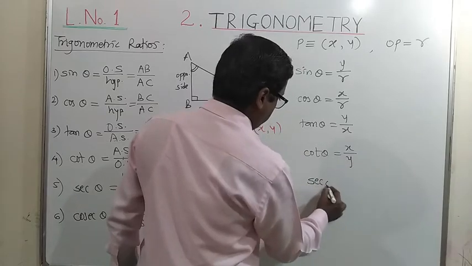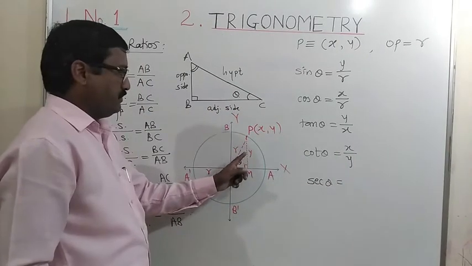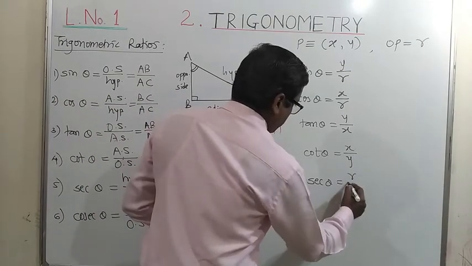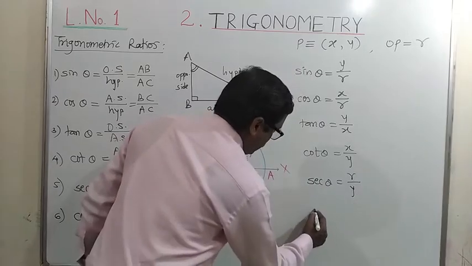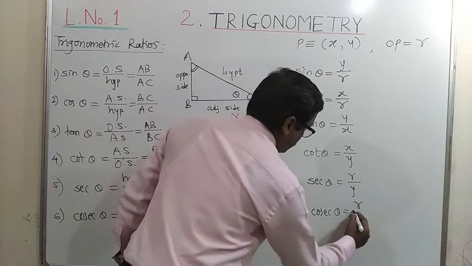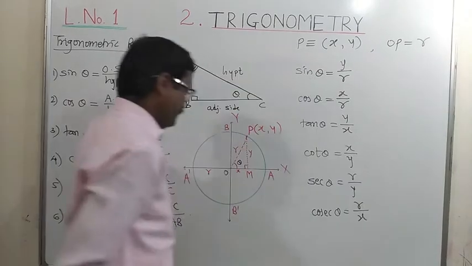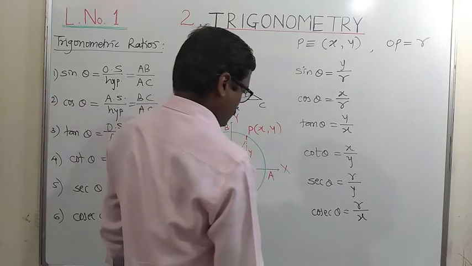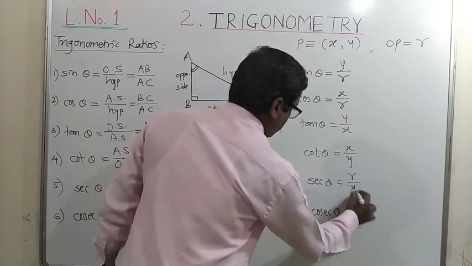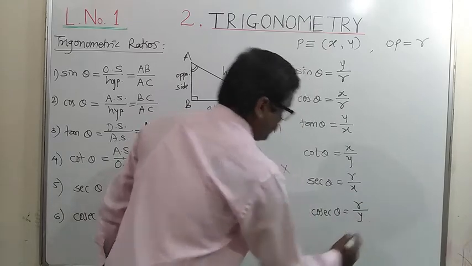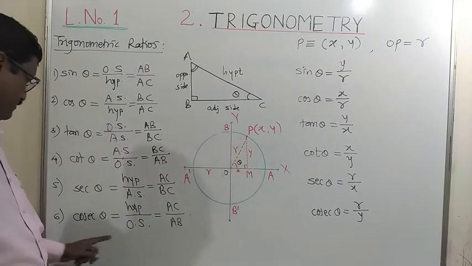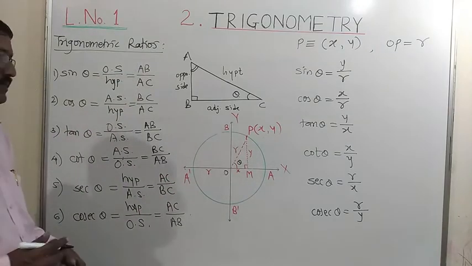Then sec theta will be hypotenuse upon adjacent, that is r upon x, and cosec theta is equal to hypotenuse upon opposite side, that is r upon y.